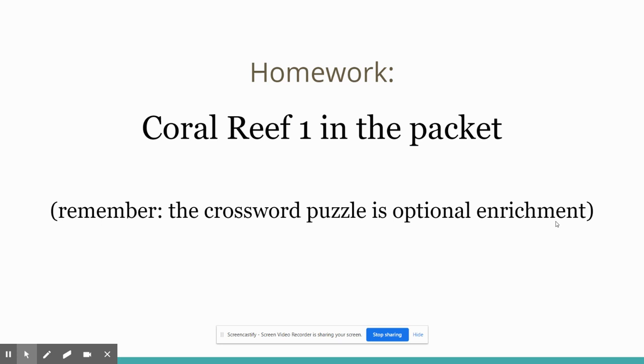All right, so your assignment today is coral reef number 1 in your packet. So it's actually the sheet after the crossword puzzle. So the crossword puzzle is just optional enrichment if you would like to work on it for fun. Coral reef number 1 in the packet is the sheet with all the vocabulary words, or many vocabulary words.